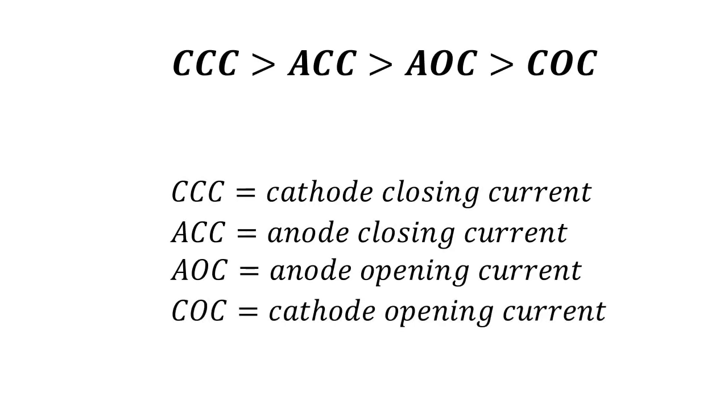Putting these questions aside, let us jump to the actual content which is given in the physiology textbooks or electrotherapy textbooks under the heading of Flüger's law. And the content looks like this formula: CCC is greater than ACC is greater than AOC, which is greater than COC.